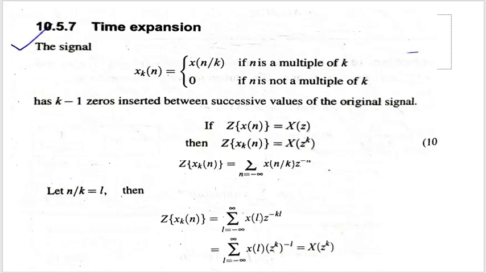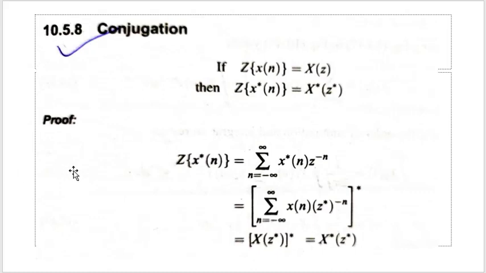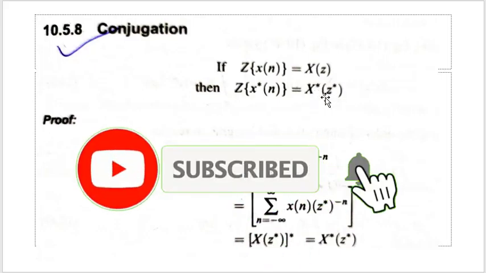Moving next, it's about conjugation. I hope you know this word conjugation, wherein this will be a complex term. If the z transform of x of n is represented as X of z, then the z transform of the conjugate of x of n would be X conjugate of z conjugate. Please understand these notations.